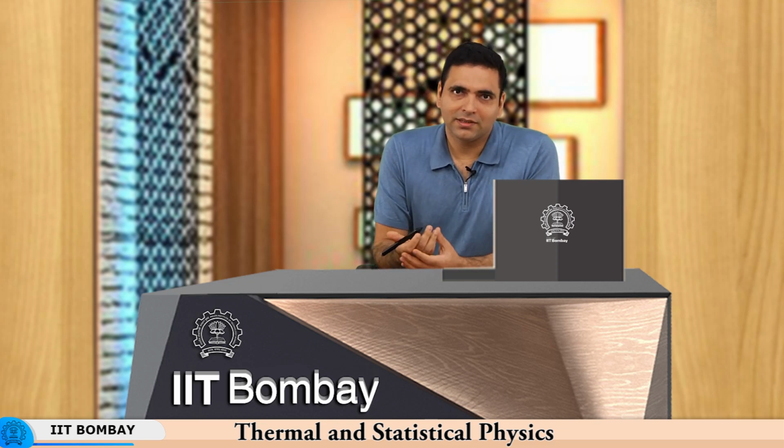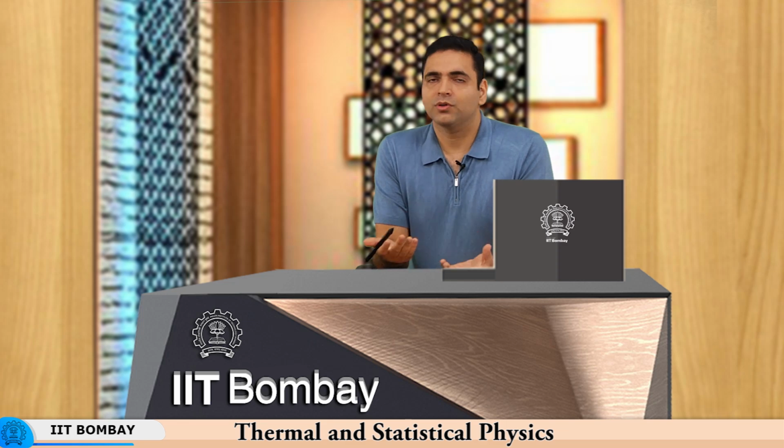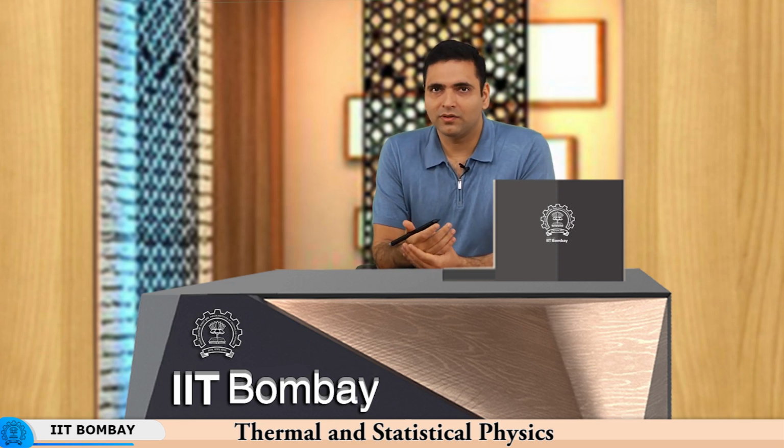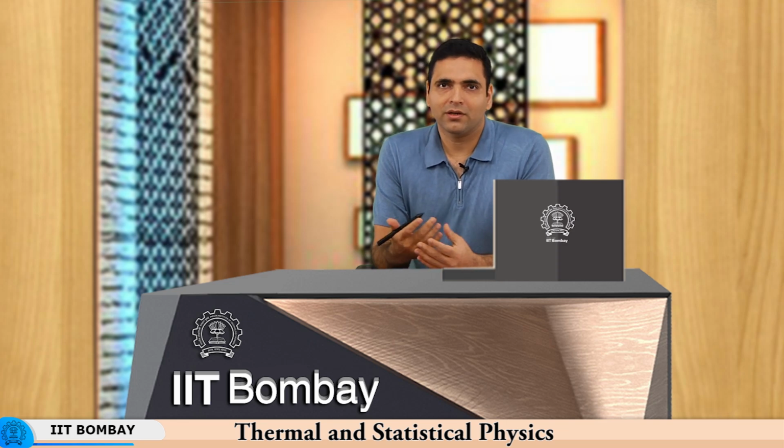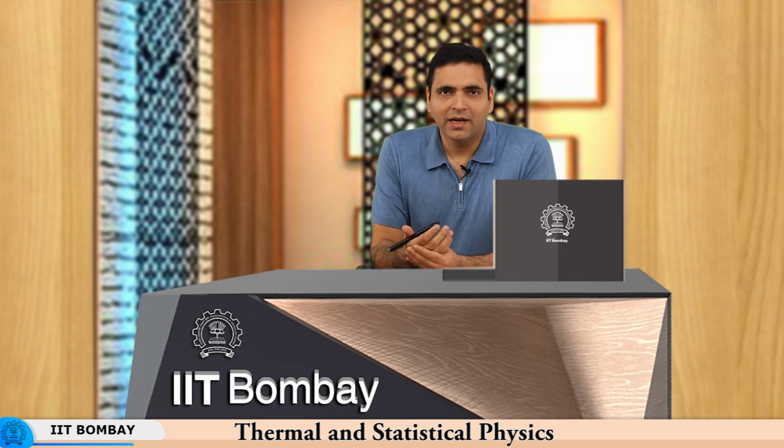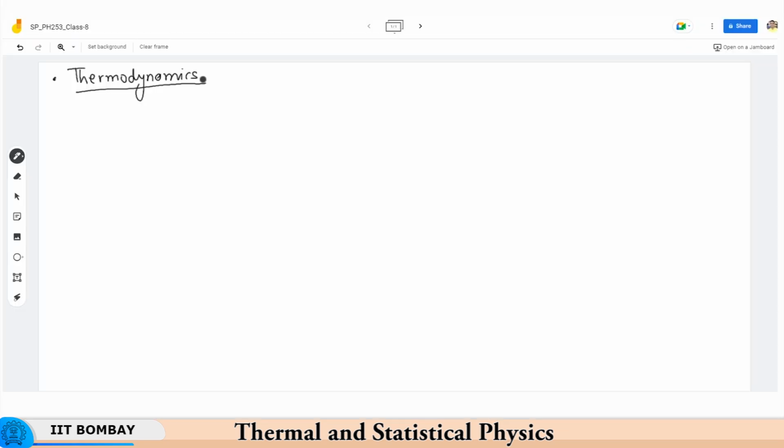But on the other hand, thermodynamics is like an opposite approach, right? It's like a top-down approach where we completely ignore the microscopic details of the system, and the starting point of this formulation is basically the macroscopic variables. So maybe I can write a few things about it.